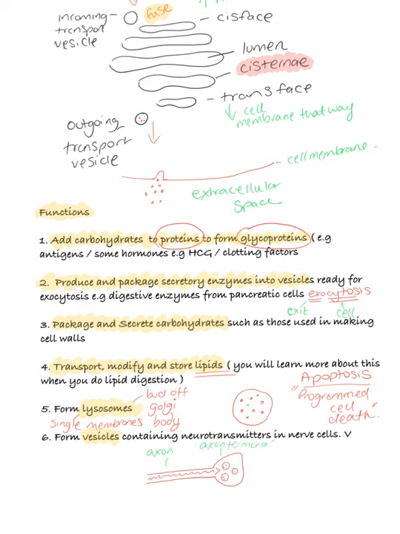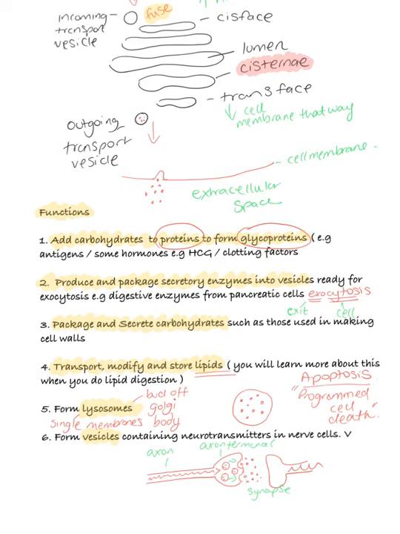So when the electrical impulse arrives at the axon terminal, it causes these vesicles to move towards and fuse with the cell membrane. And when they do that, they exocytose their contents into the cleft. And then that chemical message can be transferred to the next neuron, where it can trigger another nervous message to travel along the next neuron.